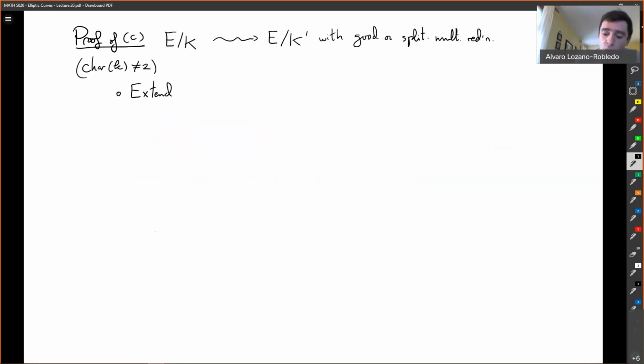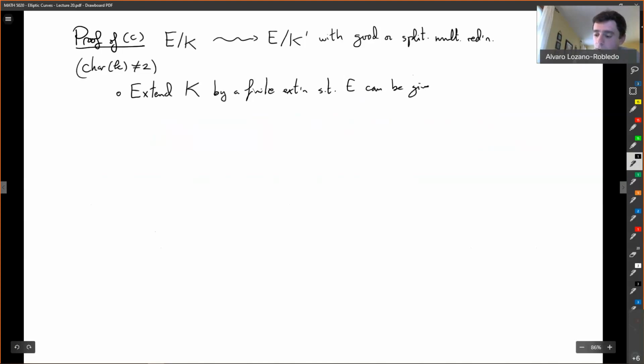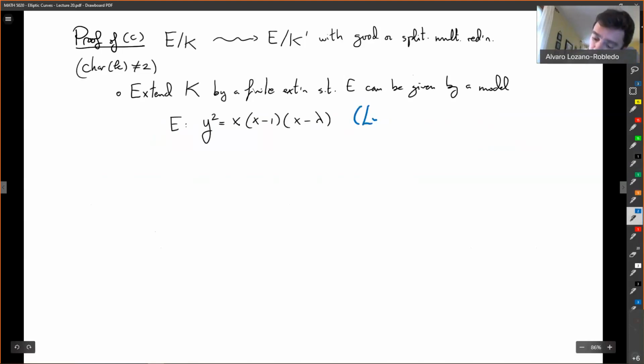So you can always extend K by a finite extension such that E can be given by a model of this form: y squared equals x times x minus 1 times x minus lambda. This is what's called a Legendre normal form.